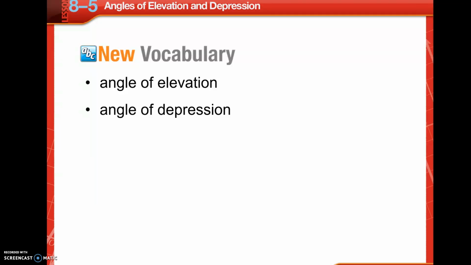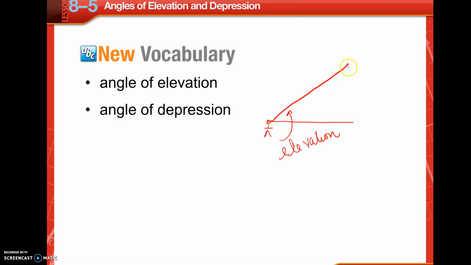So angle of elevation would be like if I'm here on the ground and I'm looking up at something. The angle that is made with me looking straight out to looking up is your angle of elevation because I'm looking up.